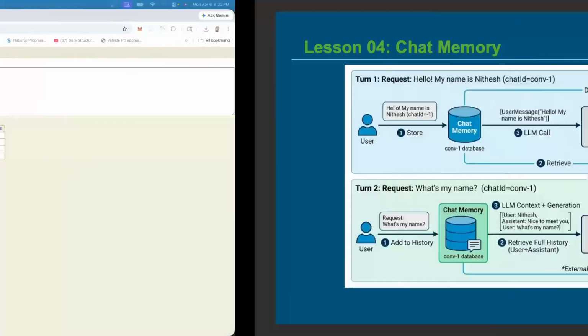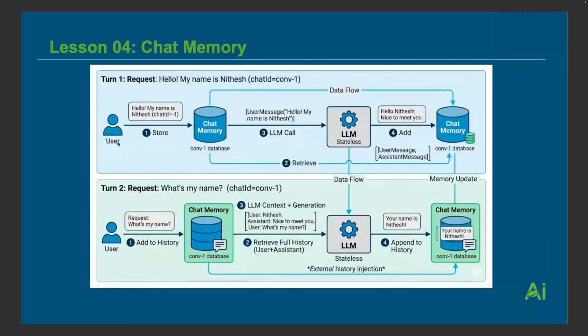Now let's look at how it works. When I hit the request, hello, my name is Nitish, it goes to the database and stores it. Then the same thing goes to the LLM. The LLM responds saying, hello Nitish, nice to meet you. That also we store in the database.